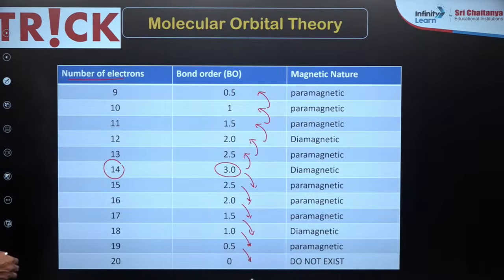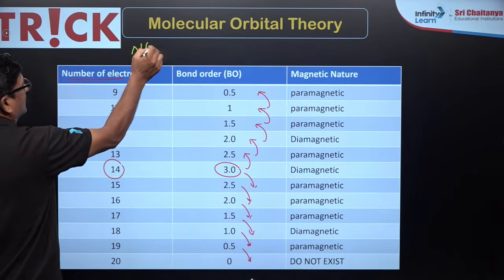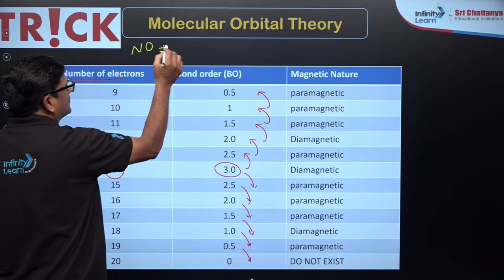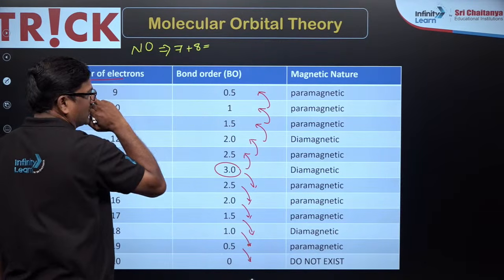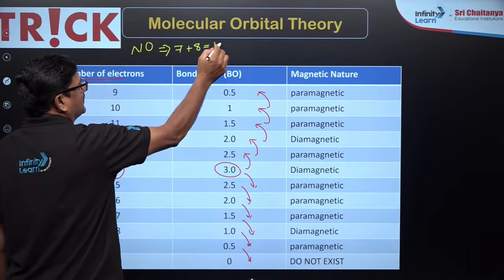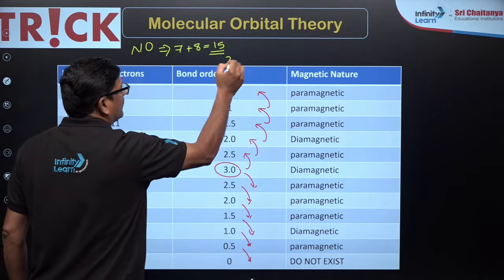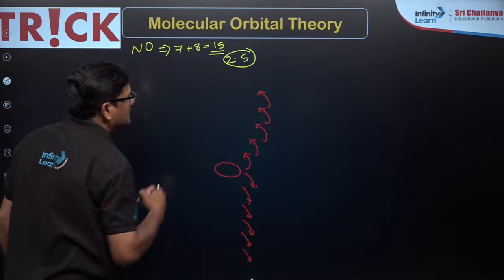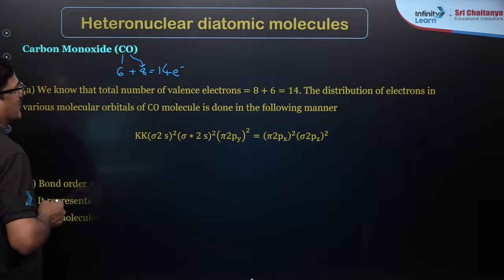And also if we want to talk about nitric oxide, nitrogen has 7 electrons, oxygen has 8 electrons. Now it is going to get 15 electrons. 15 electrons means the bond order is 2.5. Clear? In the previous one it was 14 electrons.